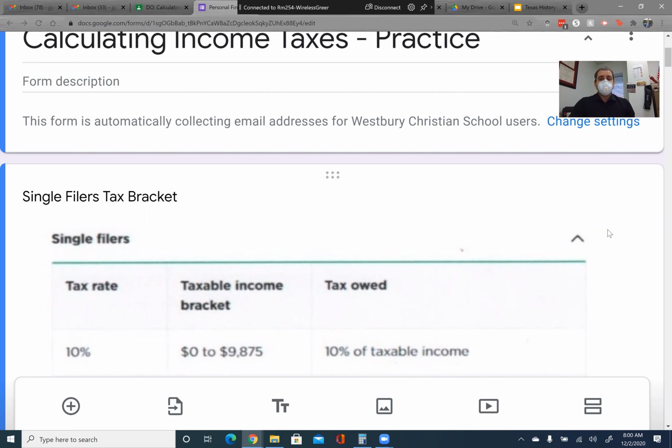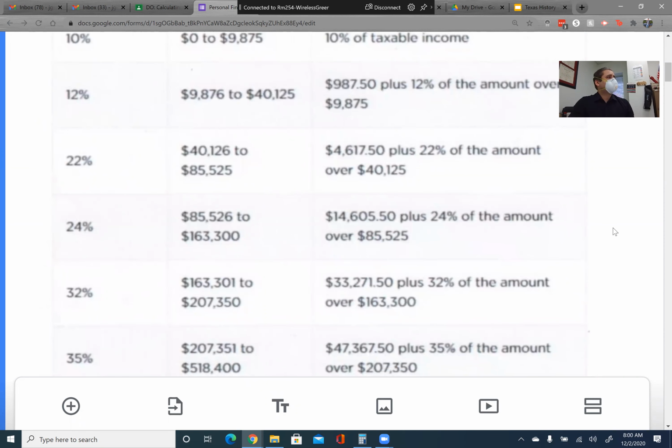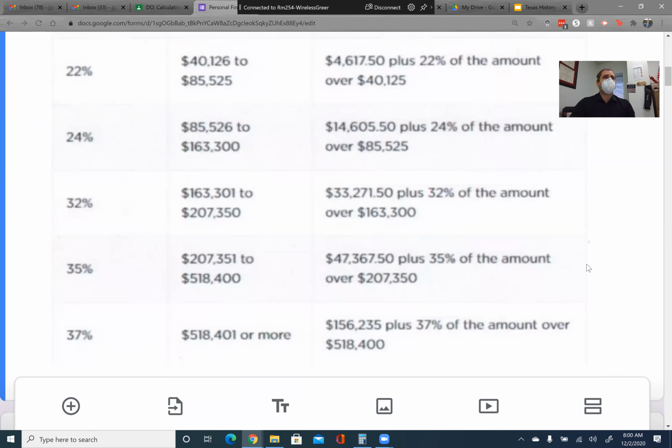When the question was, what is the individual or the couple's top marginal rate, some people went through fairly quickly, and regardless of how much income the individual made, they put 37%. They skipped over the process of seeing where their income put them.